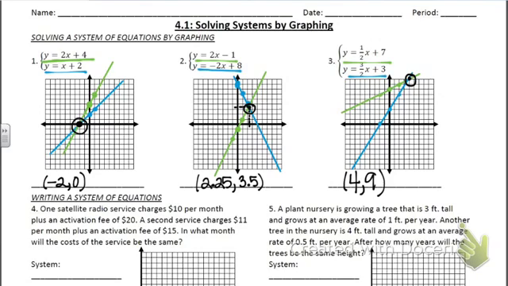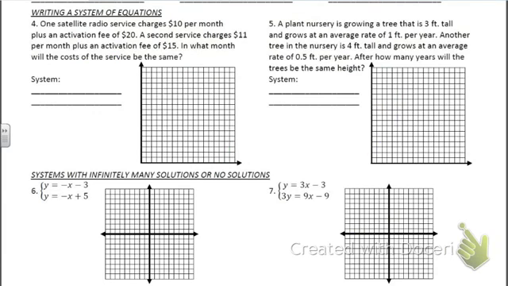Everybody? Okay, let's look at what this means in terms of writing and graphing a system in a real world situation. In writing a system of equations, it's very similar to what you did in Unit 3, but this time there's 2 things you have to be aware of, so they give you more information, basically, to be more accurate.